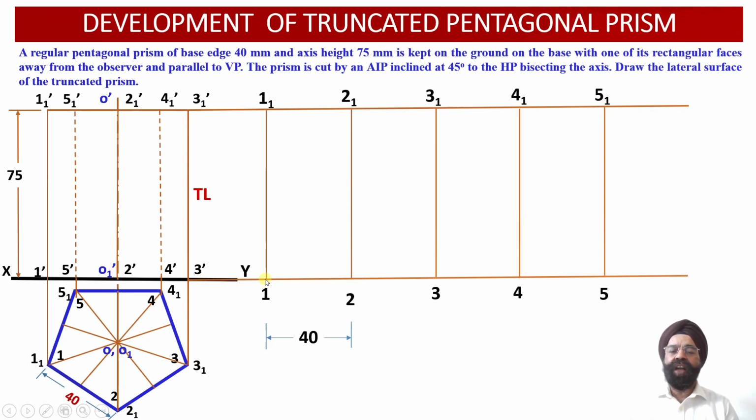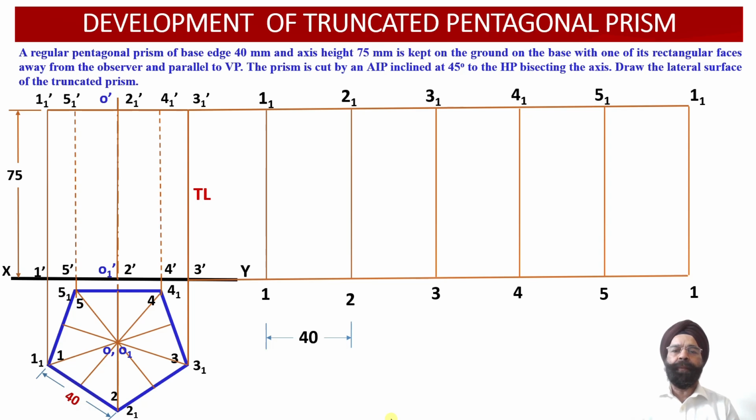So here we have the vertical edges as 2 1 2, 3 1 3, 4 1 4, 5 1 5 and 1 1 1. The distance between the successive vertical edges will be equal to 40 millimeter, which is the edge length of the base of this pentagonal prism. So now we have been able to obtain the development of the uncut pentagonal prism.